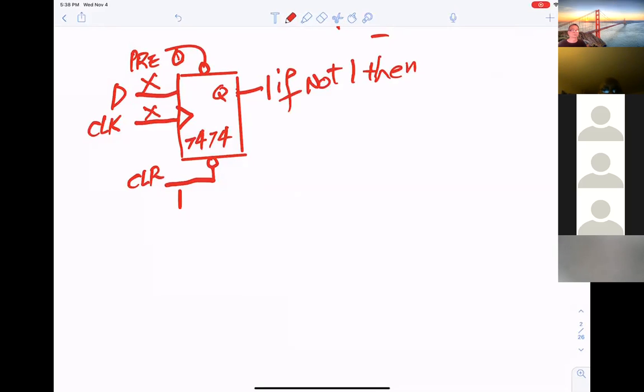First thing you have to do, you have to go back. If it's not 1, you have to go back to PRE, whatever pin is PRE, and make sure it's 0. So you take your voltmeter, using the DMM, and make sure the pin for PRE is 0.